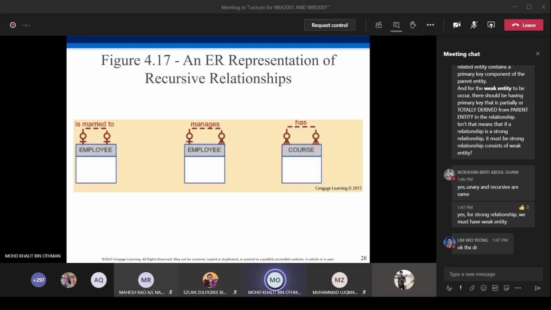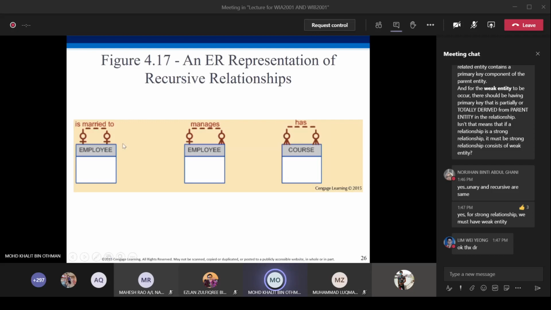So for unary relationships, we have different cardinalities: one-to-one, one-to-many, and many-to-many.